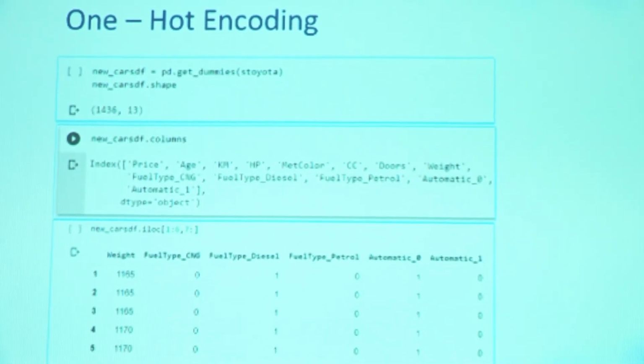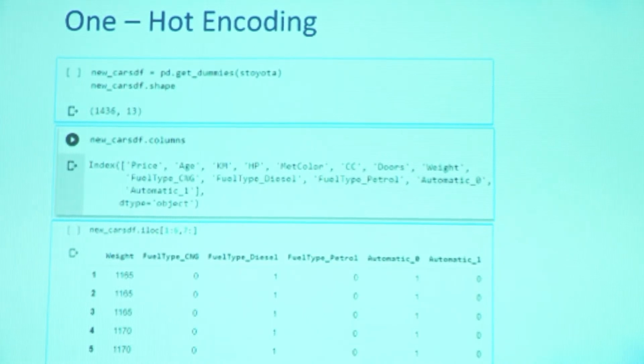Then you will have more elaborate columns with respect to categories. There will be no 0 and 1 reflected in your data frame as categories; columns are expanded with the categories. Clear everybody? Get dummies is clear. One hot encoding is clear. If you have any doubt, please let me know, because one hot encoding is what you use most of the time when you are doing your projects. Are you clear?